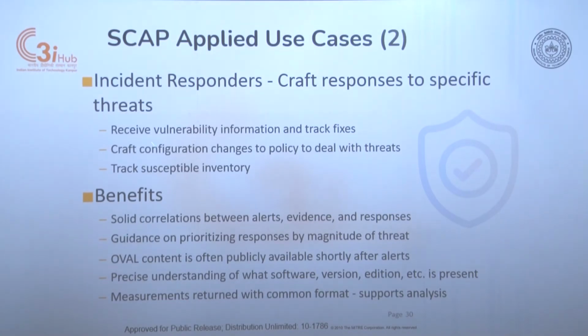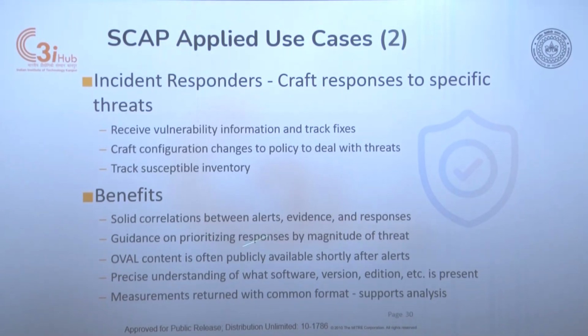So, using benchmarks and OVAL, you can automatically identify across your organization all assets that are affected by certain vulnerabilities, and you can also see how many of them are being fixed and so on.